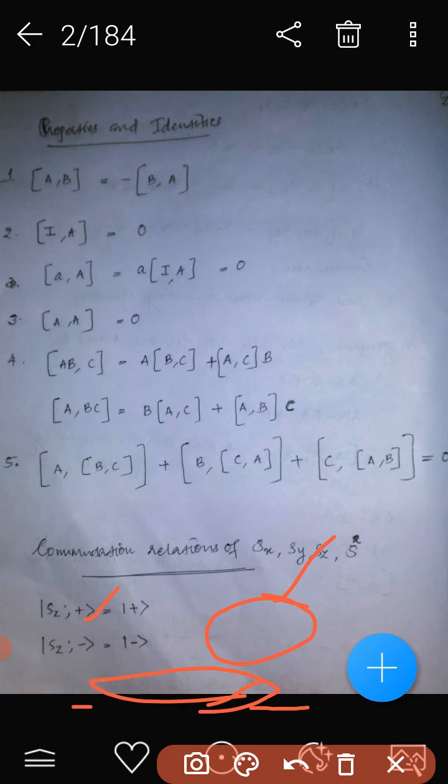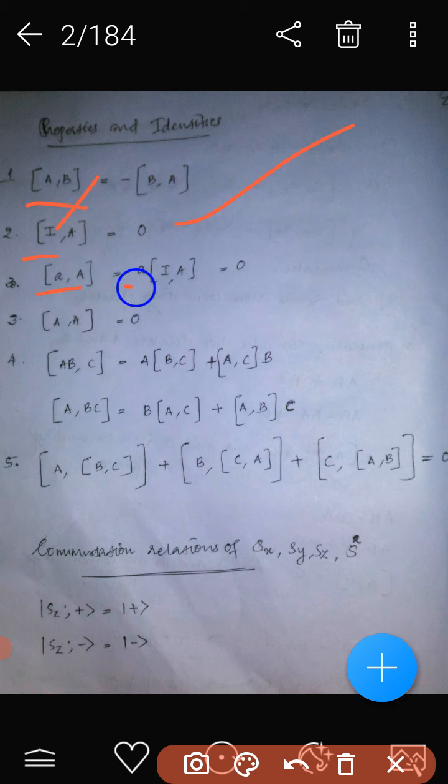And these are identities of the commutator: [A, B] = -[B, A]. If we change the order, there will be a minus sign. Then [I, A] = 0, where I is the identity operator, so I A minus A I is the same, which is equal to 0. And here small a is a scalar, so the commutator [A, a] is also equal to 0, and the commutator of the same operator [A, A] is equal to 0.